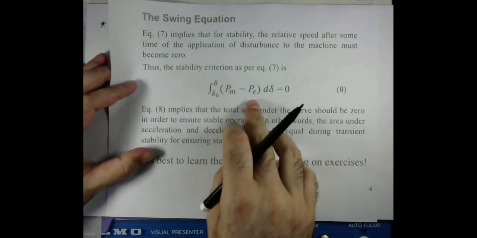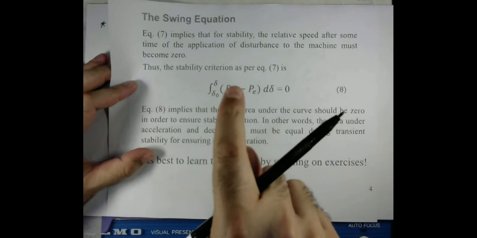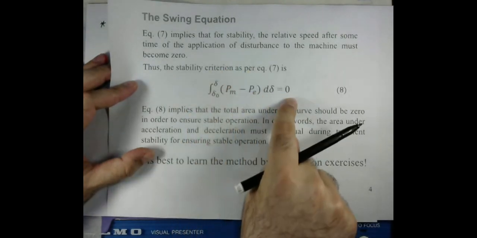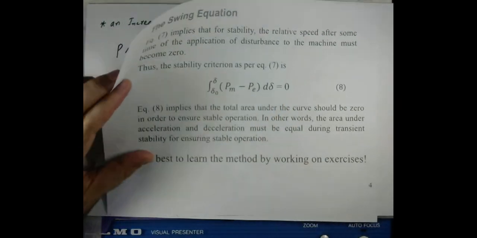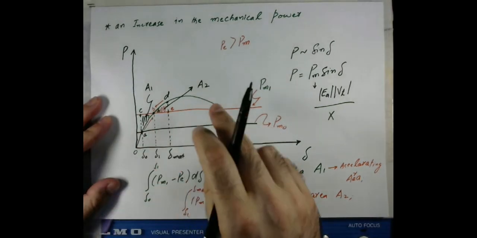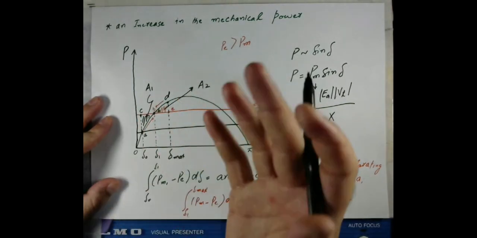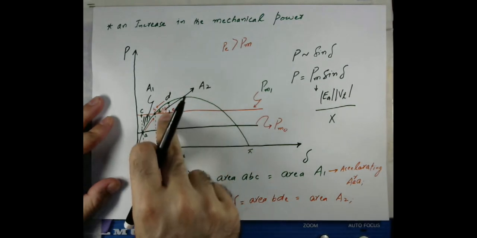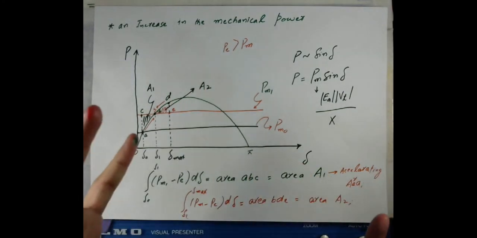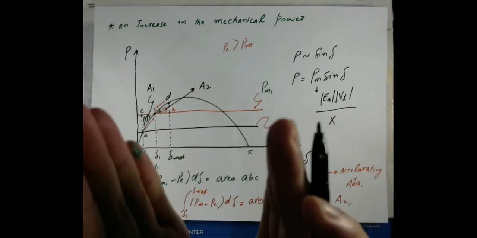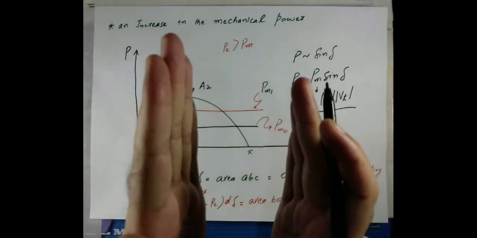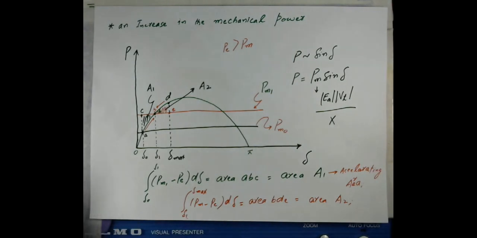For the machine to be stable, the stability criterion must be followed, which says that the total area under the curve must be 0. Whatever energy has been gained during the acceleration, the rotating mass must give up in order to ensure stable operation. That is what we call the equal area criterion: the accelerating area must be equal to the decelerating area, or the energy stored during the acceleration must be given up during the deceleration.